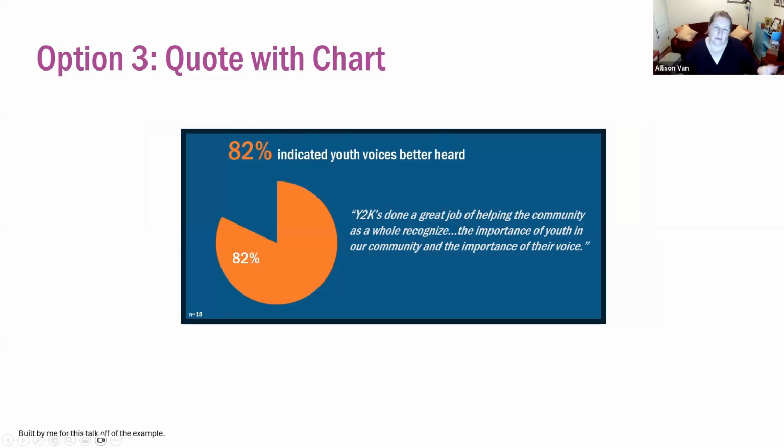This is nothing different than what was in that heading of a theme and paragraph, it's just a much more succinct version of the same basic bits of information, made in a way that is hopefully a little bit more visually compelling and memorable, such that your goal when you're doing data visualization is that people will remember the information that you're telling them is most important within your analysis. And so when you make things really succinct, you are more likely to have people remember, because it's here and it's here, that 82% said that youth voices were better.